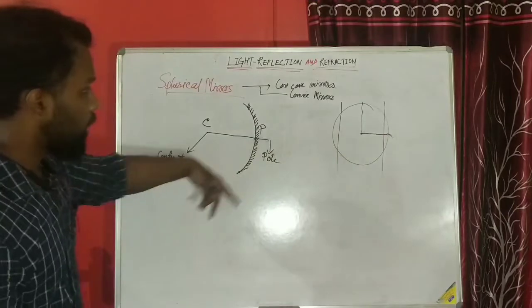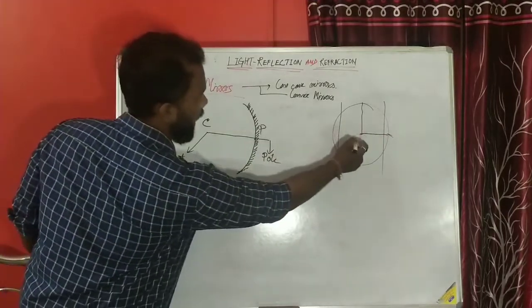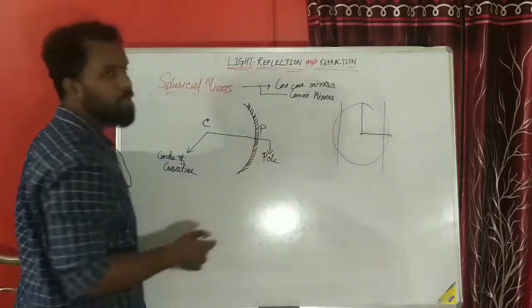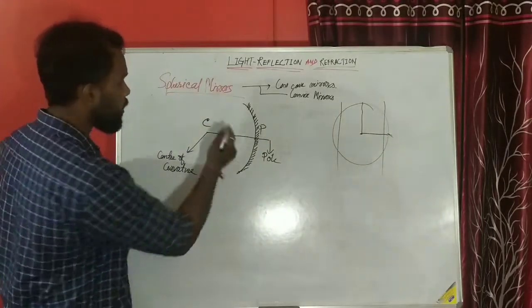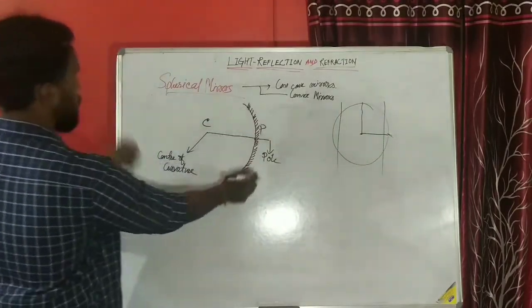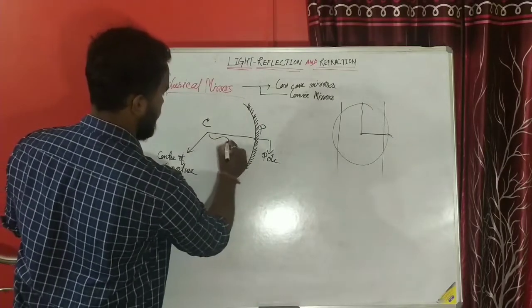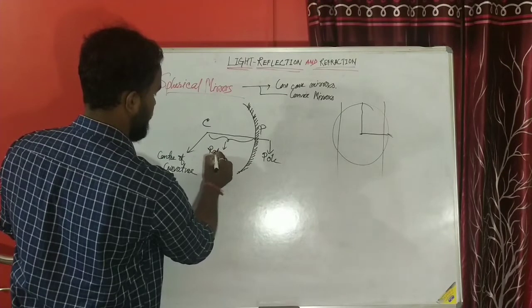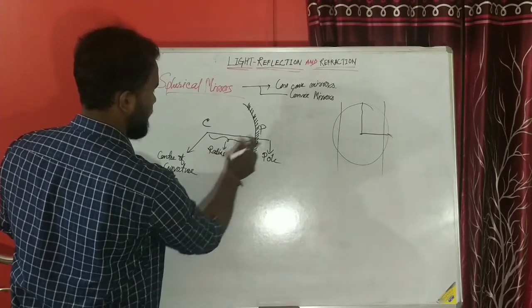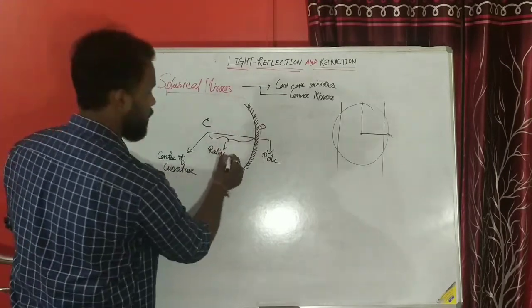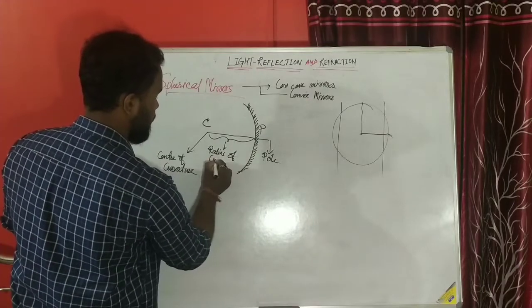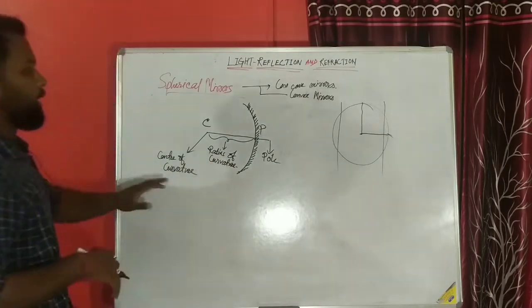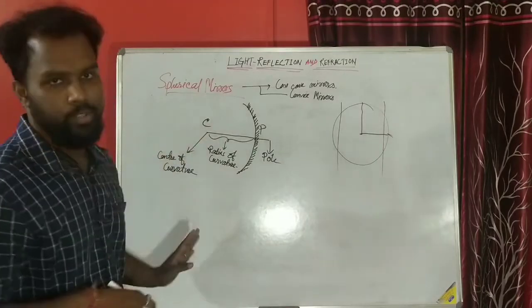That means the line drawn from the center to the center of this reflecting surface is the radius. That means this PC is the radius, but since this is a curved surface, we have to write radius of curvature. This is the radius of curvature.